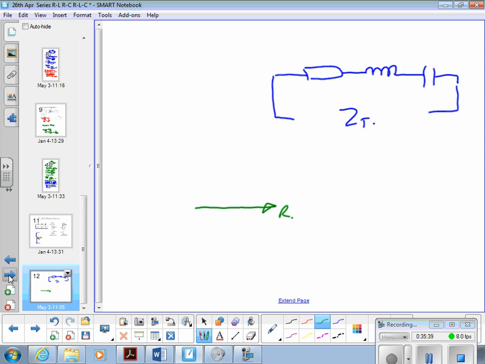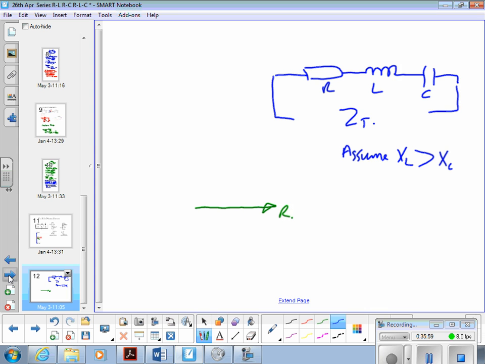And for the time being, I'm going to assume, let's put that as R, L, C, assume XL is greater than XC in this case.